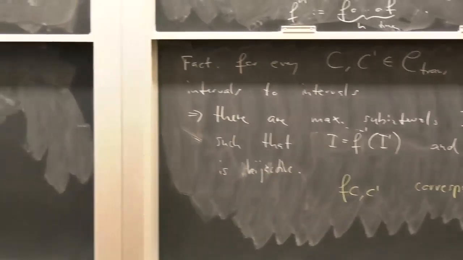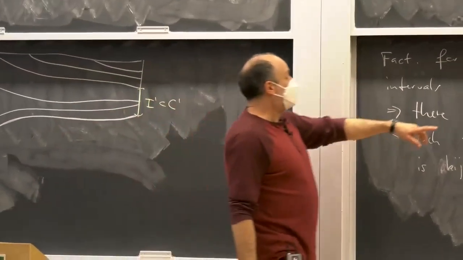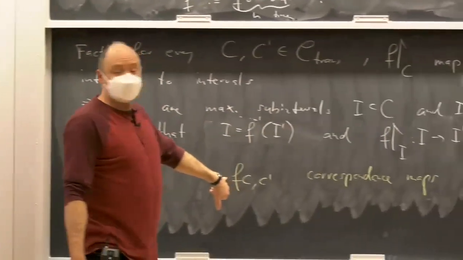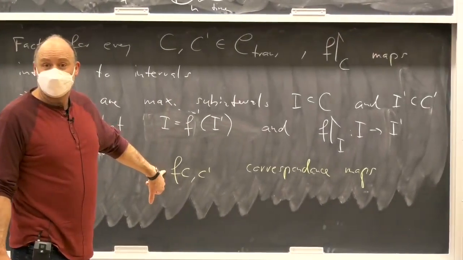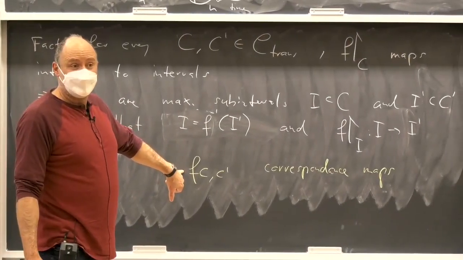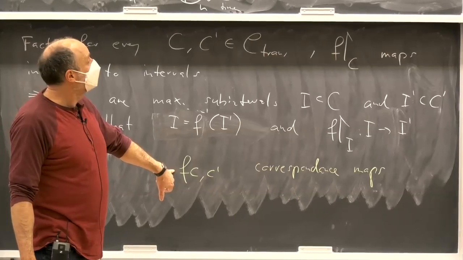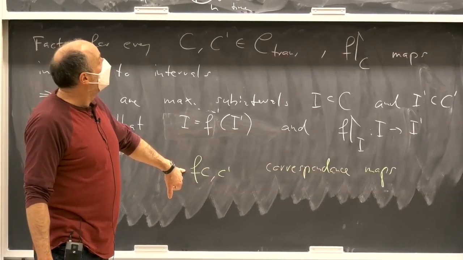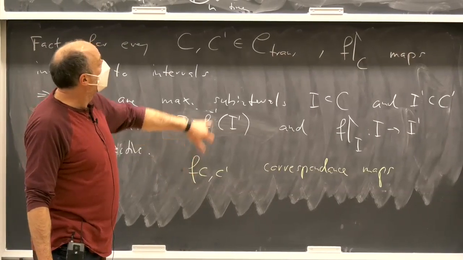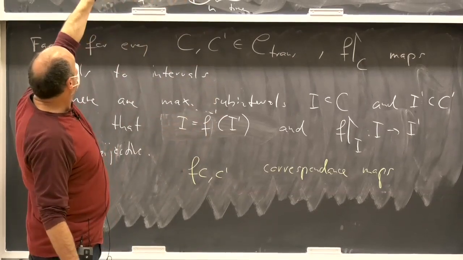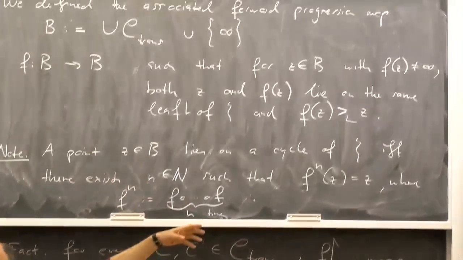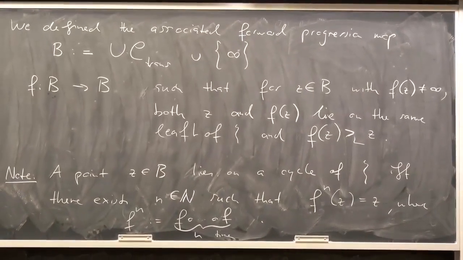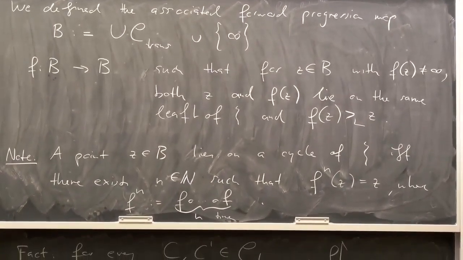And the graph of F is the union of the graph of these together with the graph of the portion of F that sends points to infinity, the pre-image of infinity, that's separate from all of these.